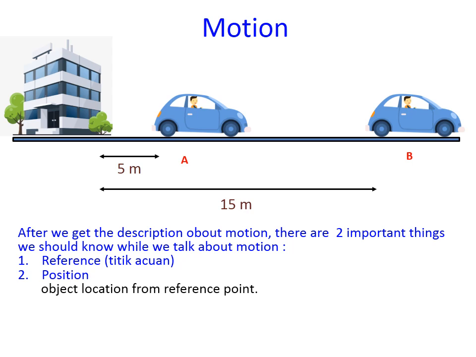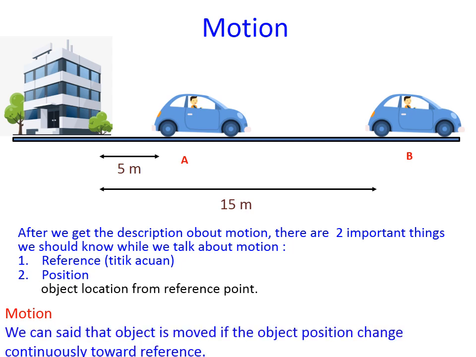After we understand reference and position, now we can get the definition of motion. We can say that an object moves if the object's position changes continuously toward the reference.